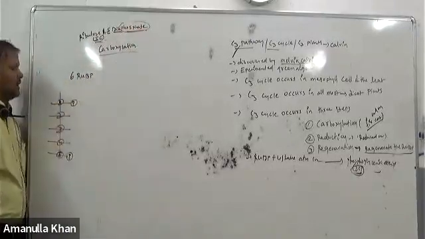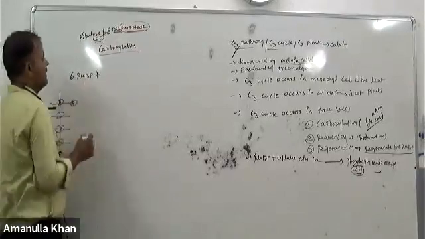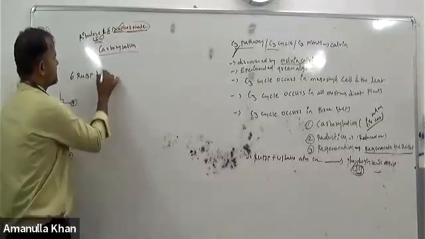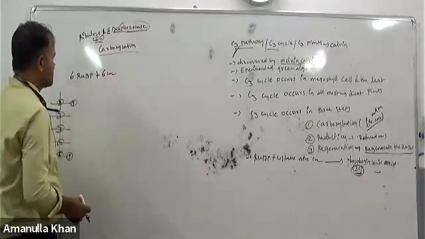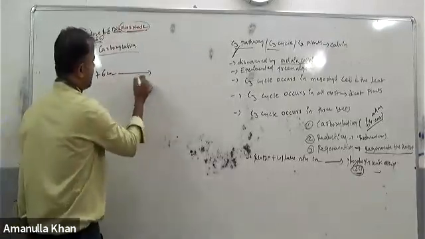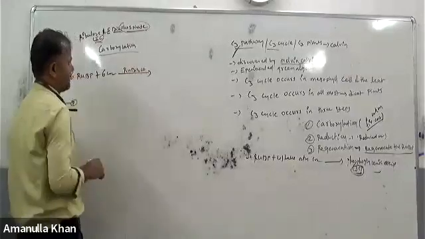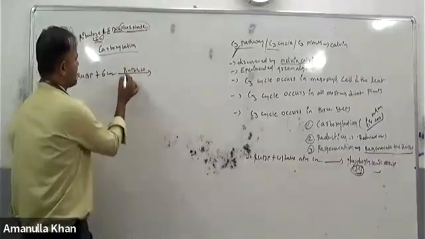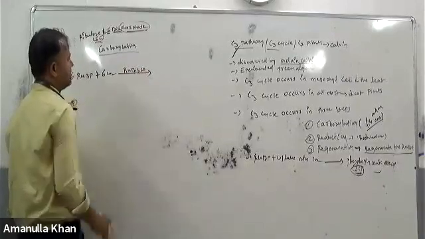Now RuBP accepts 6 molecules of atmospheric CO2 in the presence of the Rubisco enzyme. Rubisco means ribulose 1,5 bisphosphate carboxylase.